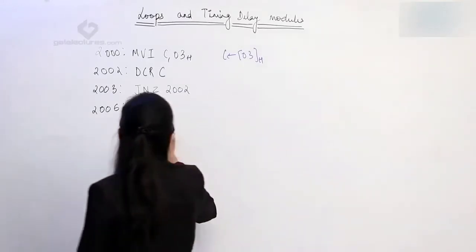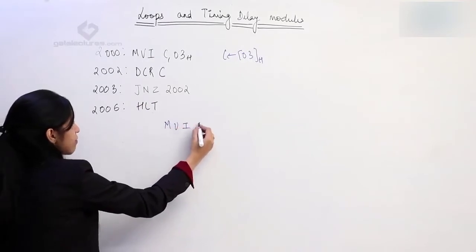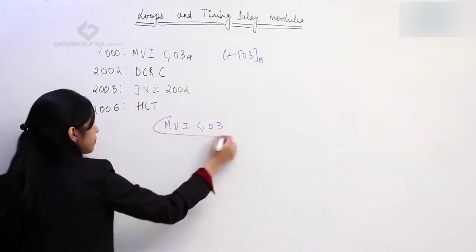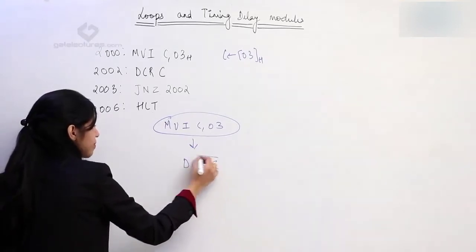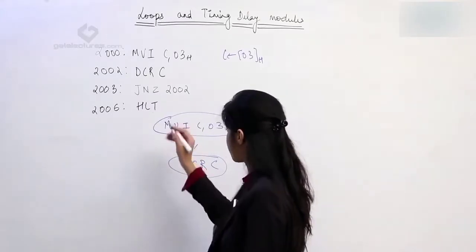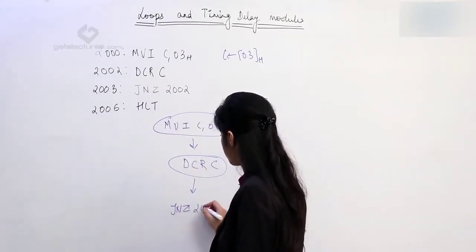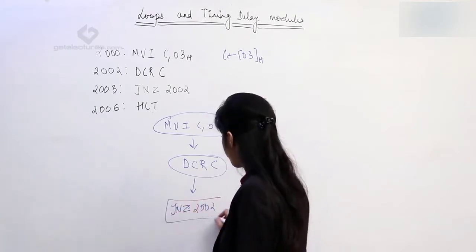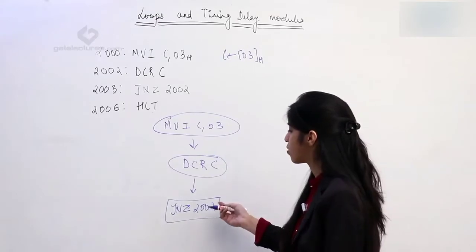So I am just trying to represent this. First instruction is MVI C, 03. Then we are making DCR C. Then we are checking jump not 0, 2002. So here we are going to check the zero flag.